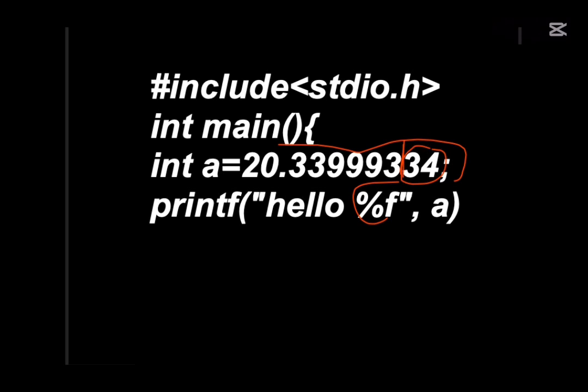I've explained that in my last video, the reason why it only accepts 6 numbers. But if I print something like this, I'm going to have hello, then a lot of numbers. So if you want to control this, you don't want a lot of numbers, then you have to indicate the number of decimal numbers you want. So this is how we do it.